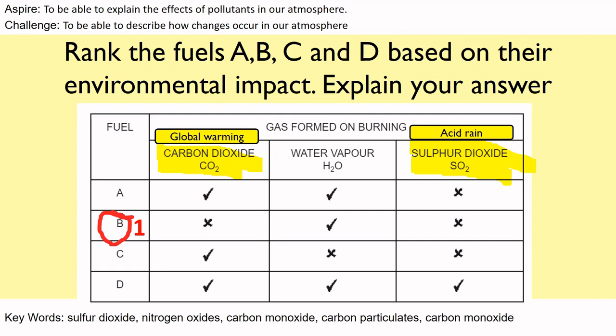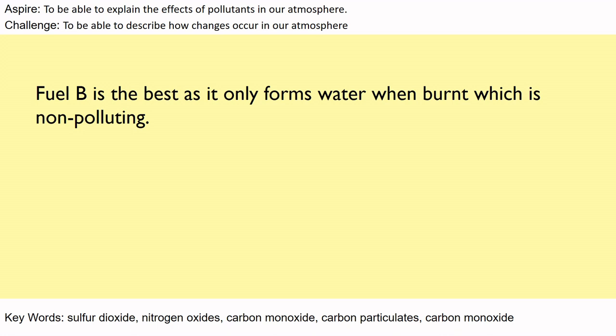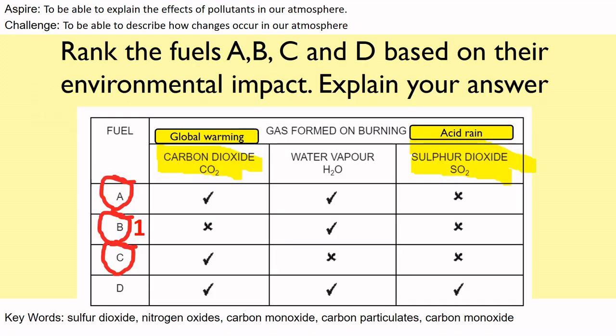So if I were in the exam now, I'd start my answer, and the first thing I'd write is fuel B is the best. It only forms water when burnt, which is non-polluting. So if I look to the next ones, I've got A and C. Okay, A and C both produce carbon dioxide, but A also produces water vapour.